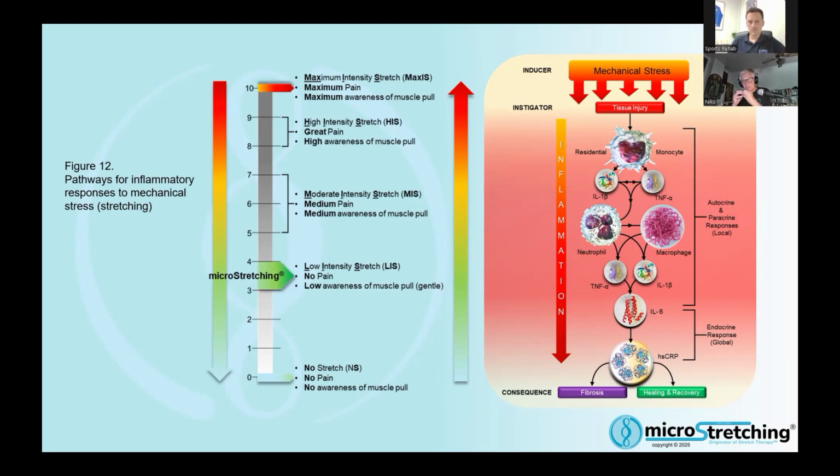We wanted to basically measure inflammation, which they've never done before. So we conclusively showed with the first study that we do get an increase in HSCRP, which then means that the body has inflammation in it with aggressive stretching.